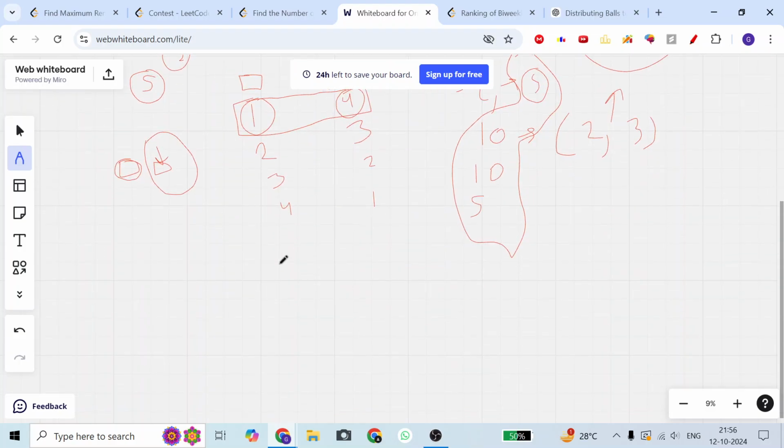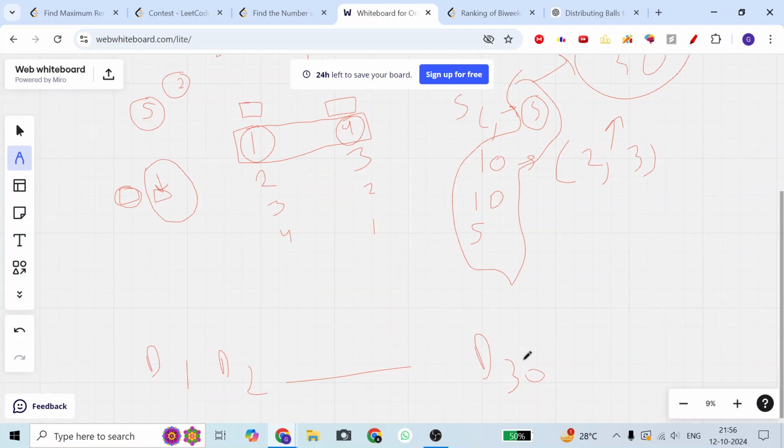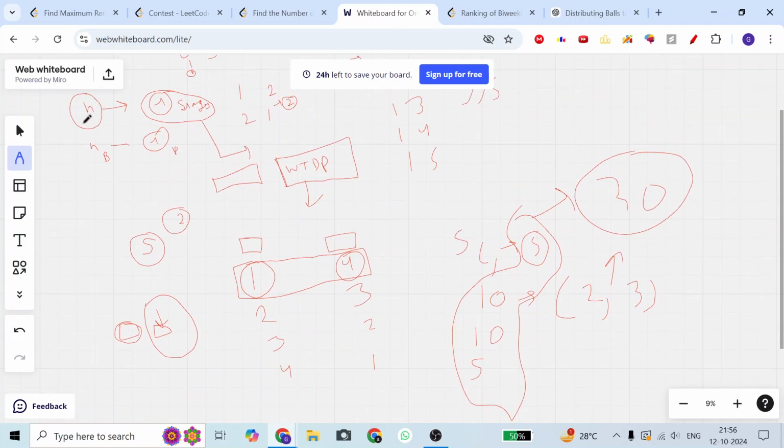How many divisions can I have? 30 divisions: division 1, division 2, up to division 30. I can have 30 possible divisions of my n performers that I can assign to the stages.